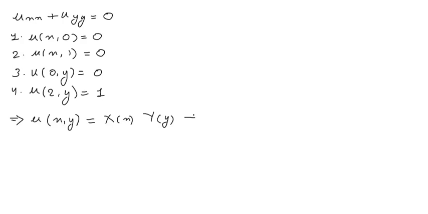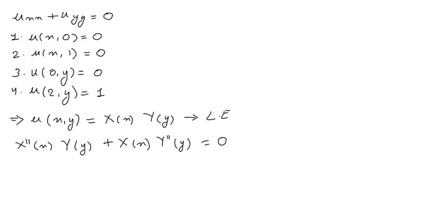Substituting into the Laplace equation, after double differentiation we get X double prime of x times Y of y plus X of x times Y double prime of y is equal to 0.